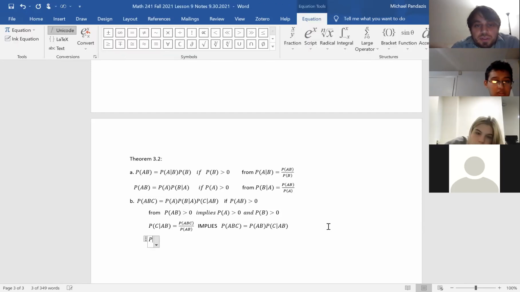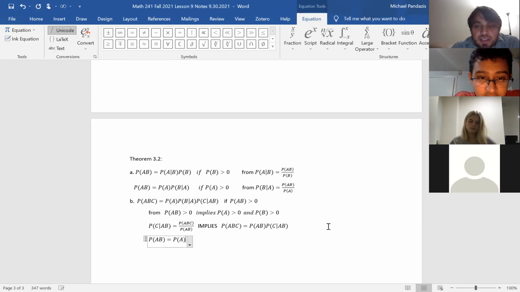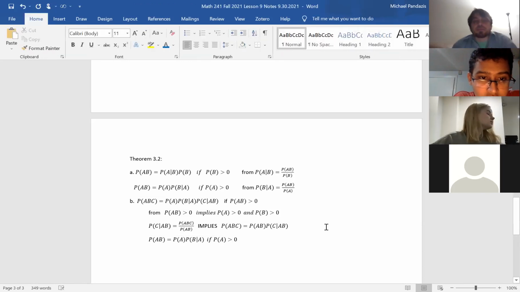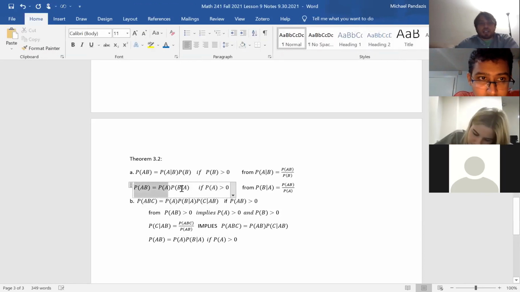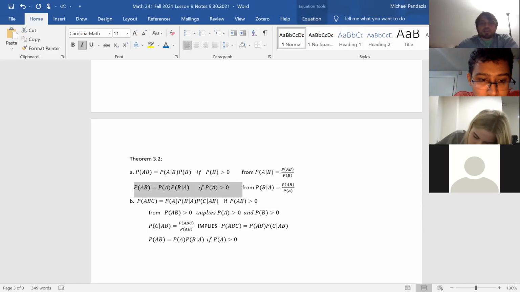So the probability of AB is equal to the probability of A times the probability of B given A. This is if the probability of A is positive, right? This is from part A. Part A said this.